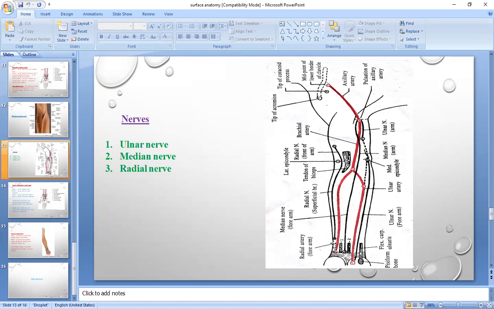Here it pierces the deep fascia, then it appears in the back and in the anatomical snuff box. As it is a superficial branch, it pierces the deep fascia to appear in the superficial fascia. So this is the course of the radial nerve.